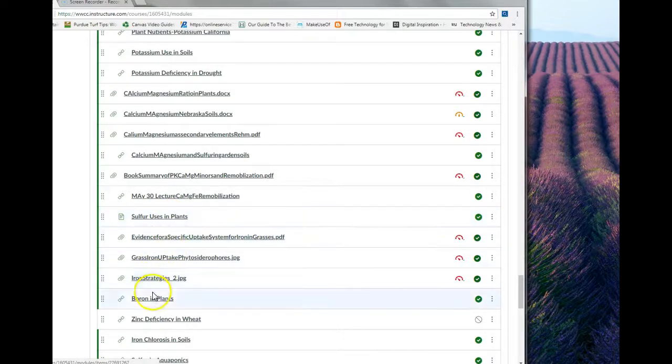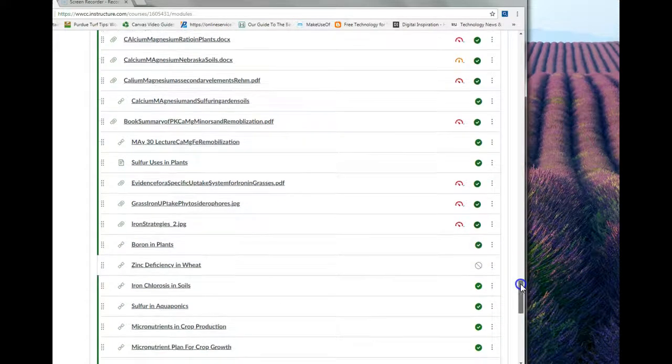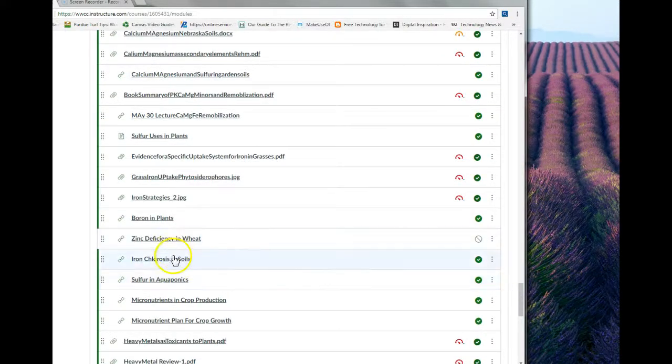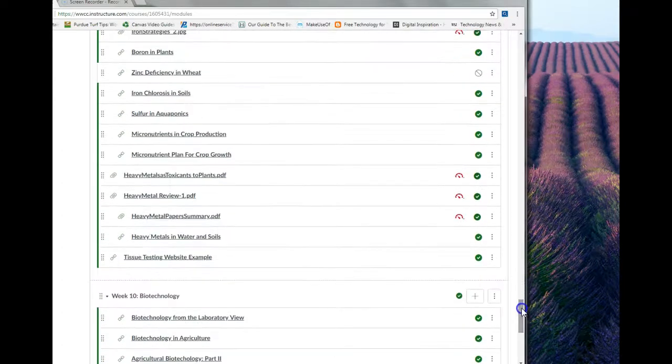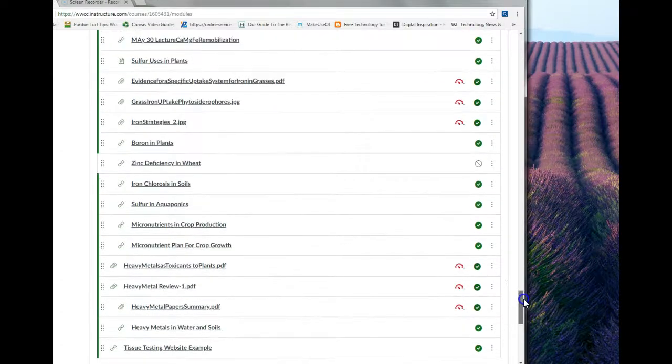And then we'll go into iron, boron, zinc. And then after zinc, well, zinc deficiency in wheat, that's not coming up, so I'm not going to be covering that. But you'll notice that here are the video clips: iron chlorosis, sulfur in aquatics, micronutrients. And this is where I'm going to place the video clip. And then after that, we'll have our heavy metals discussion, and then tissue testing, and we'll finish up with biotech. So we'll talk about when we're going to have our last test next week.